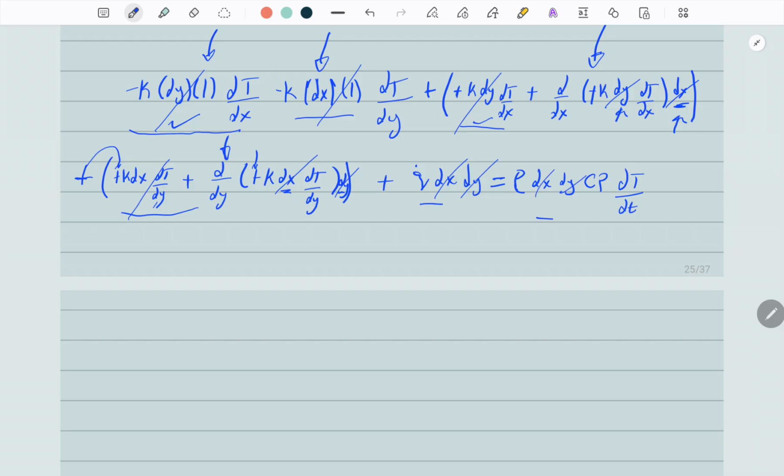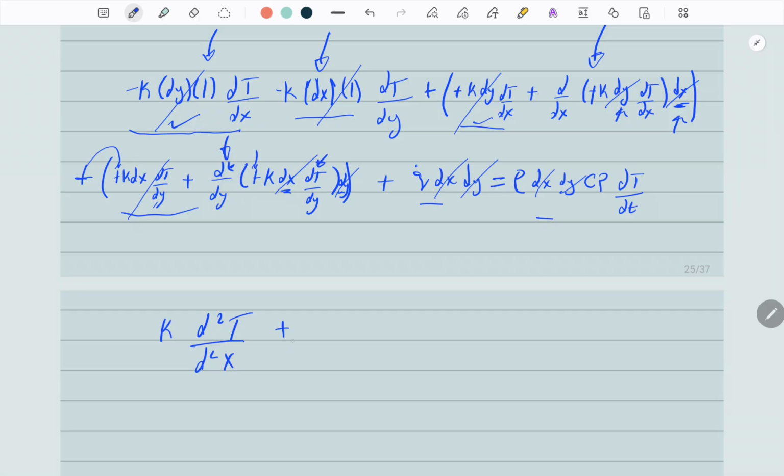So we'll be left with k. We'll take it outside and use it as a constant. Second differential of temperature over second differential of x. Okay. Plus this here and this.